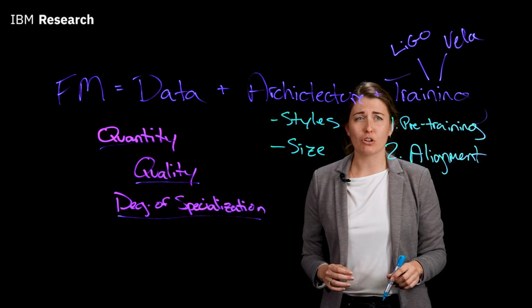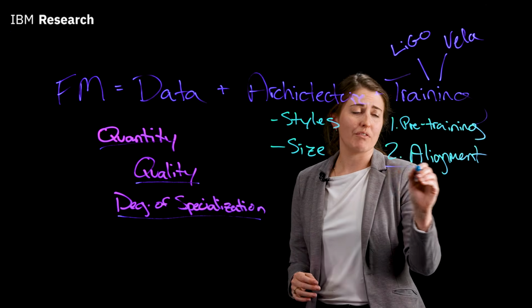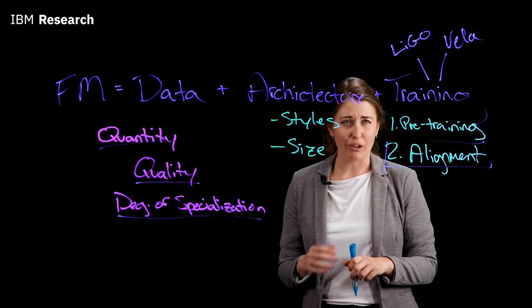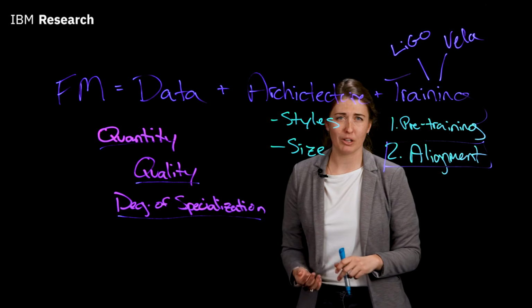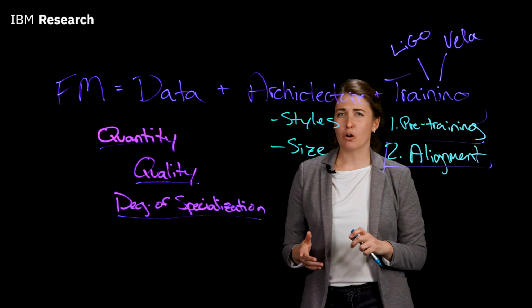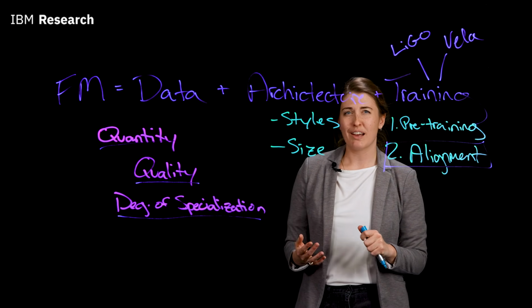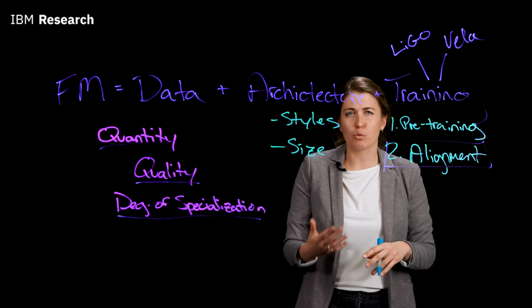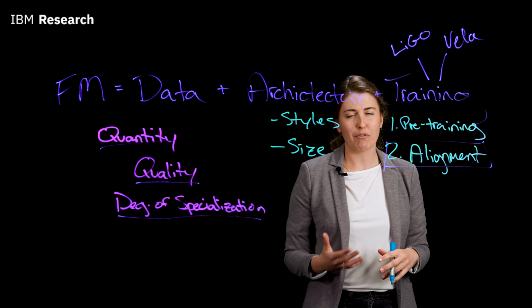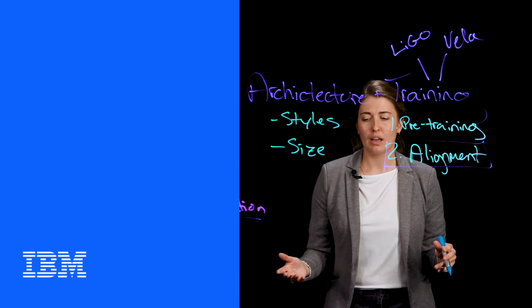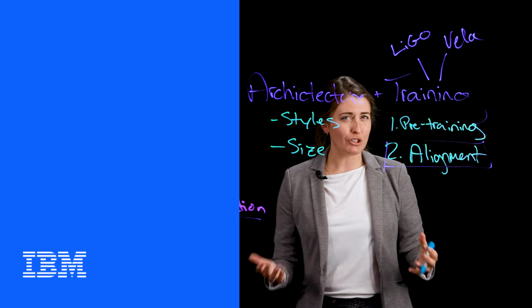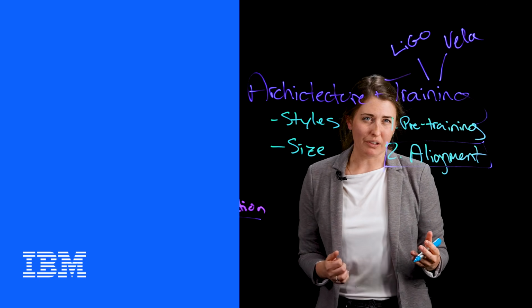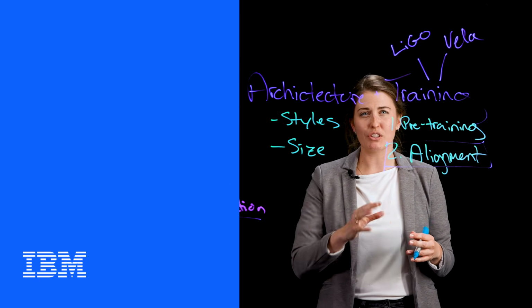And then IBM Research is working on a number of advanced alignment techniques, including things like reinforcement learning with human feedback, but also going into advanced tuning approaches, allowing models to follow strict rules in terms of what type of behaviors they can exhibit. If you're interested in learning more, please check out the links below, both about the different innovations that are coming out from IBM Research on model safety and about our watsonx product portfolio.